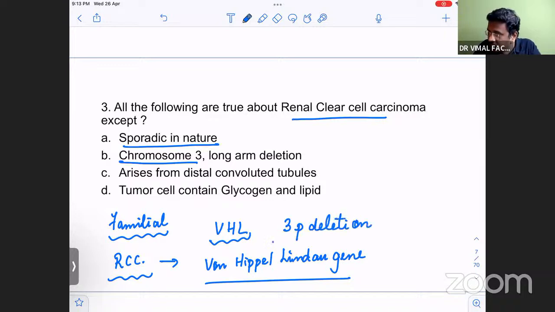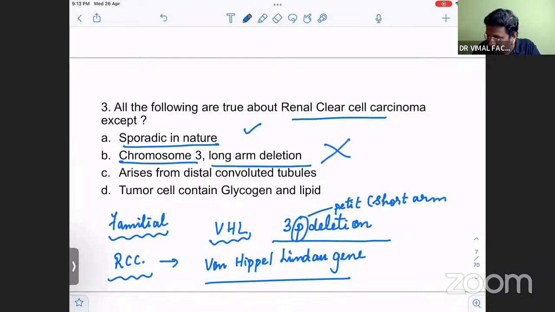Von Hippel-Lindau 3p deletion leads to renal cell carcinoma. But in the option, p means short arm. P means petit in French, which means a short arm. But in the option, they have given it as a long arm deletion. So this is wrong. Now let us see the other option.